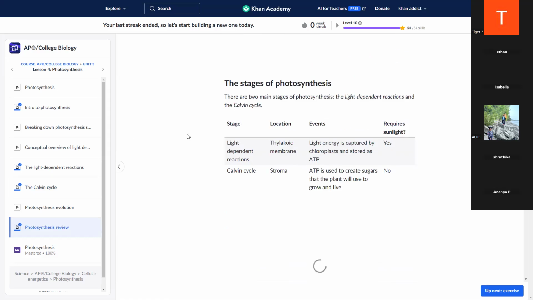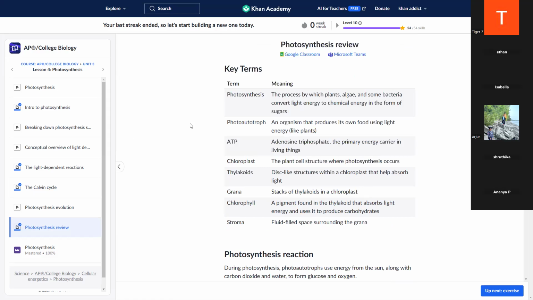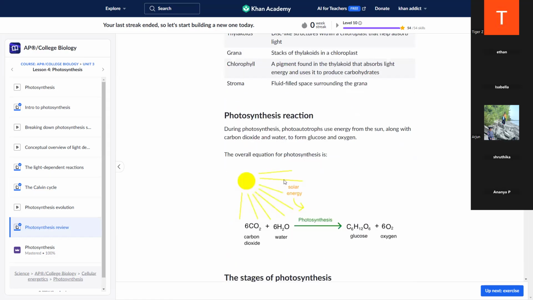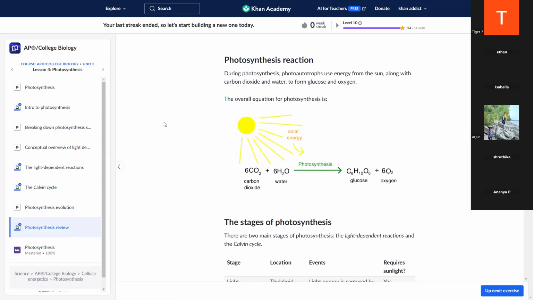Just a quick overview. Can someone tell me where the light dependent reactions take place and where the Calvin cycle takes place? The light-based reactions take place in the chloroplasts.